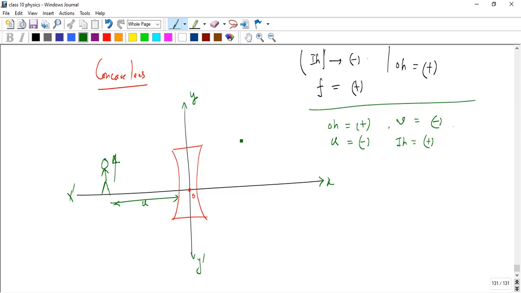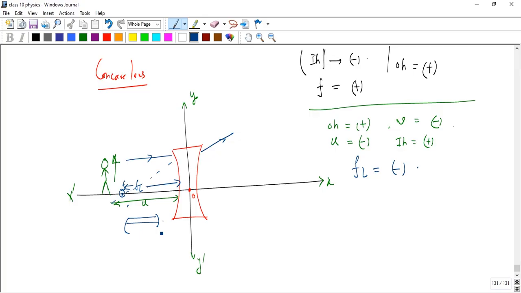And the focal length, because the concave lens is divergent, is also negative, because it is on the minus x line. That is the convention we follow.